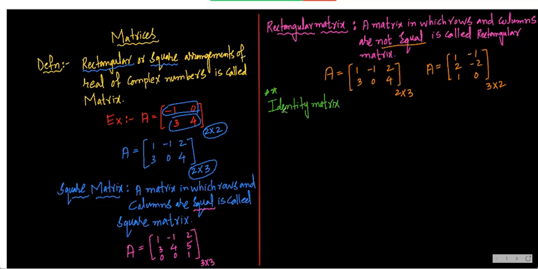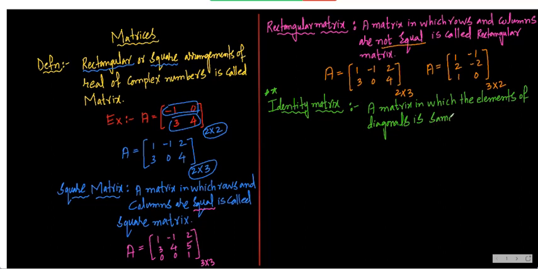Identity matrix. So what is that? A matrix in which the elements of diagonals is same, and bracket में लिखेंगे, that is 1.